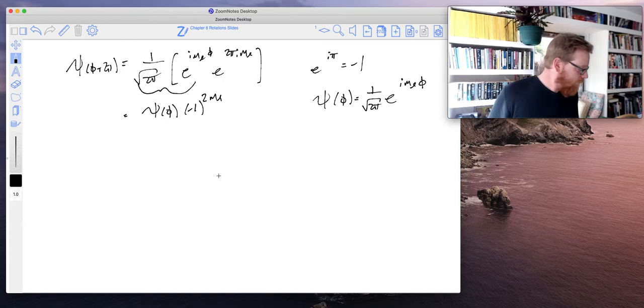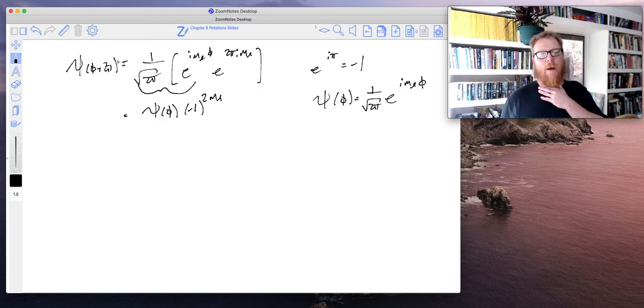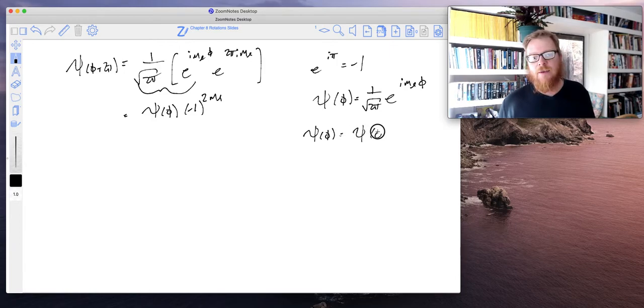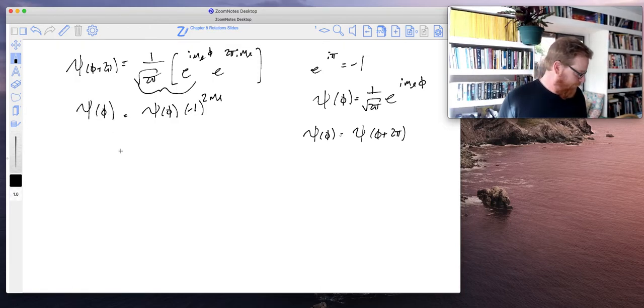Now if I continue along here, I recognize that my psi of phi plus 2 pi has to equal also psi of phi. So remember that boundary condition: psi of phi has to equal psi of phi plus 2 pi. So instead of writing psi of phi plus 2 pi, I can just write psi of phi.